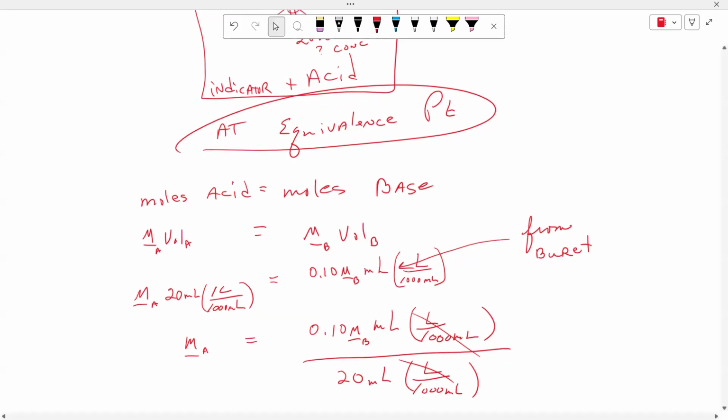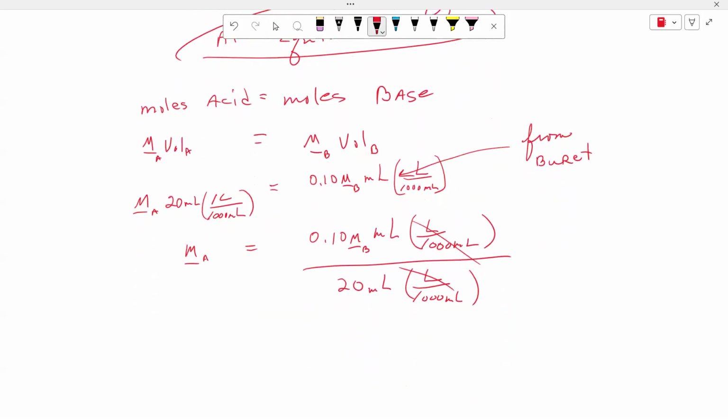Okay, so this calculation will give you the concentration of the unknown acid. So basically, we're going to divide .1 by 20.